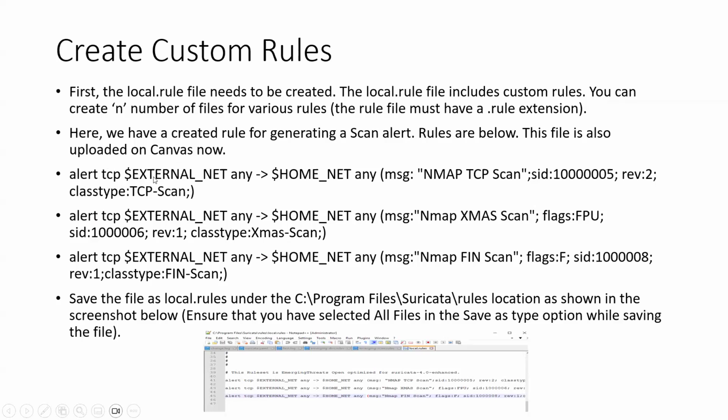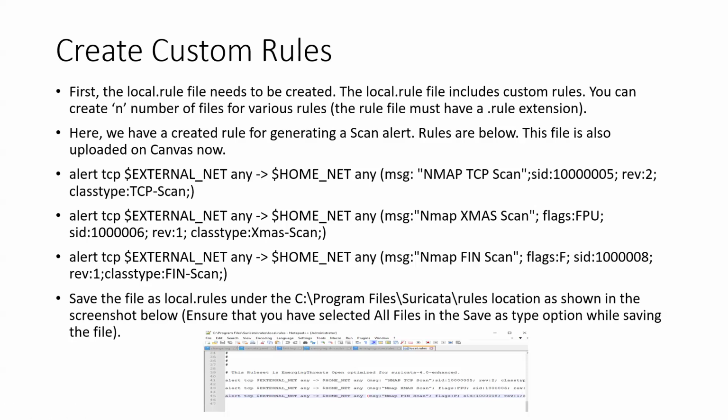External underscore net means any traffic coming from any IP address, and which has the protocol TCP. And any means it is coming from any source port. So I do not care if it is coming from a particular source port. And home net means it is coming to my machine.